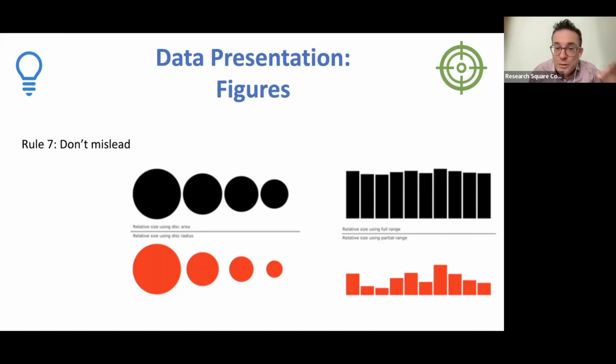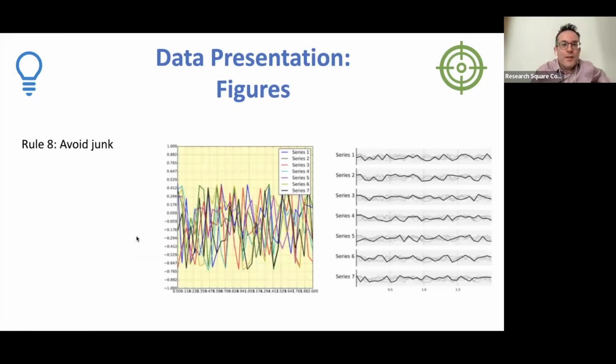Have a look at how different my histograms look if I'm looking at disk area versus looking at disk radius. It could be misleading. You could be demonstrating to your readers more of a variation in your data than you actually are. So that's rule number 7, be honest, don't mislead.